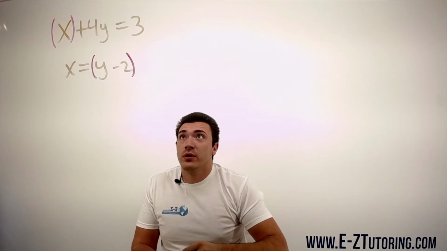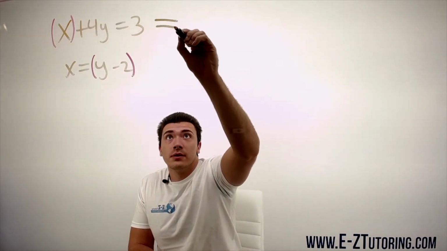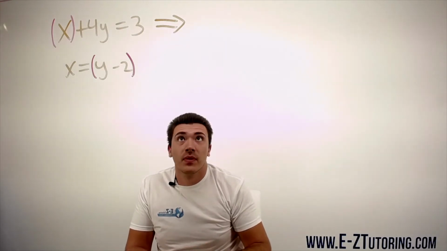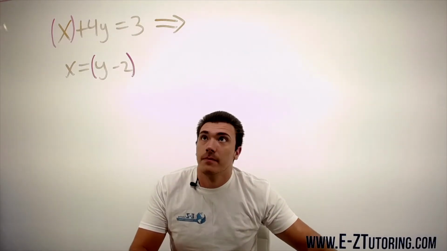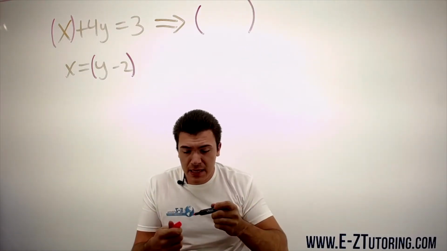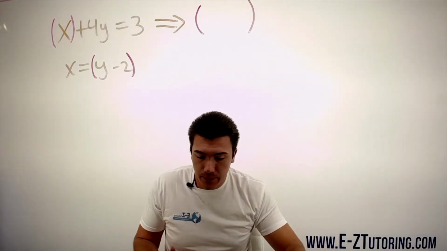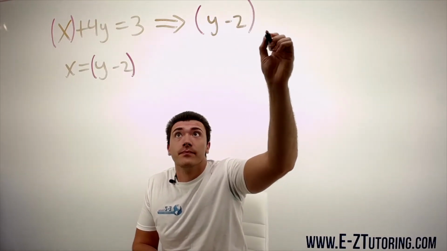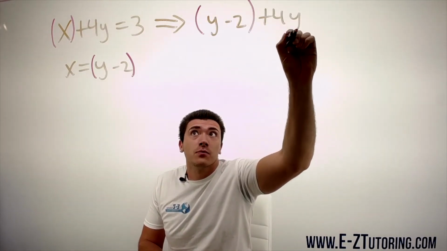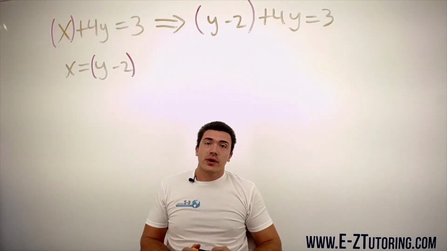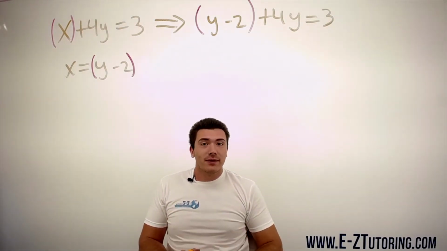Now rewriting this equation by substituting x equals y minus 2, and we're allowed to do this because x is equal to y minus 2, so y minus 2 is the same thing as x, plus 4y equals 3. And now this becomes very simple algebra and you can just solve for y.